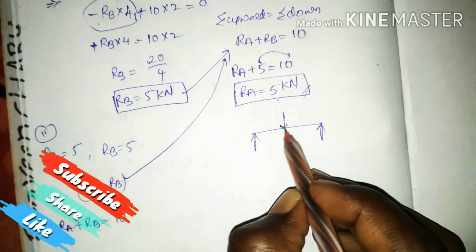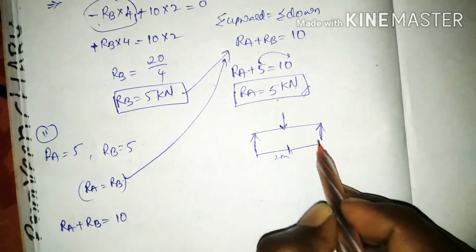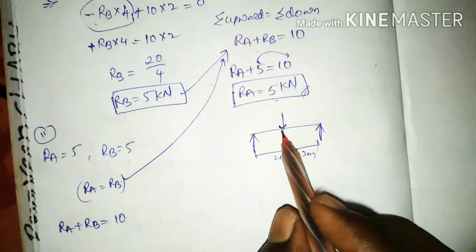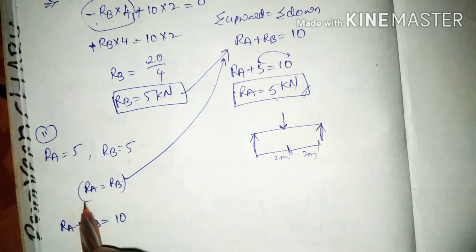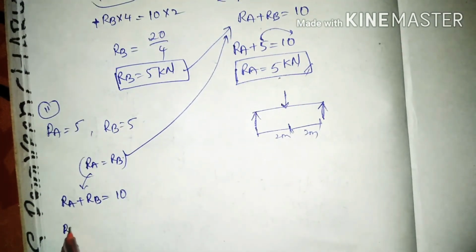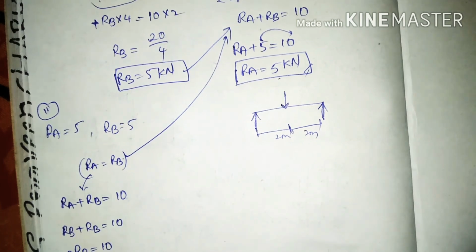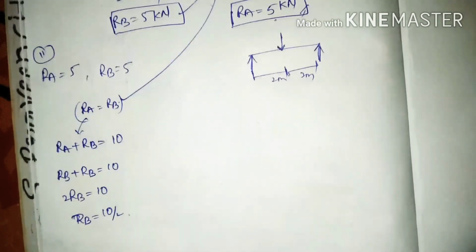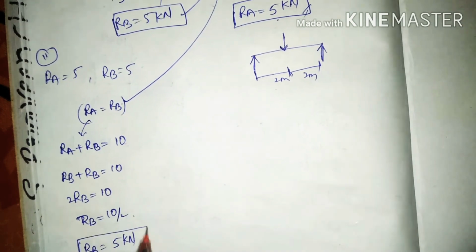Since the load is 2 meters from each support, the beam is symmetrical. Converting RA to RB, RB plus RB is equal to 10, so 2RB is equal to 10, RB is equal to 10 by 2, and we get RB equal to 5 kilonewtons.